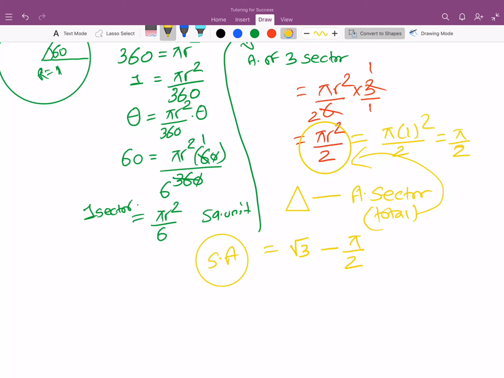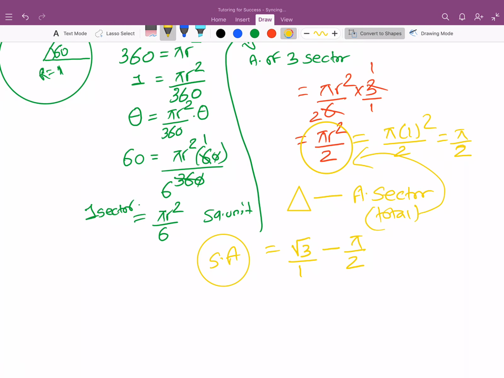Pi over 2 is a fraction. So let's make radical 3 also look like a fraction, so it's easier to see, easier to compute. And the common denominator in these two fractions will be 2. So I need to introduce 2 for this radical 3. So I do need to multiply 2 top and bottom. Effectively, I'm just multiplying by 1, but that will change my denominator to 2, make it easy for my computations.